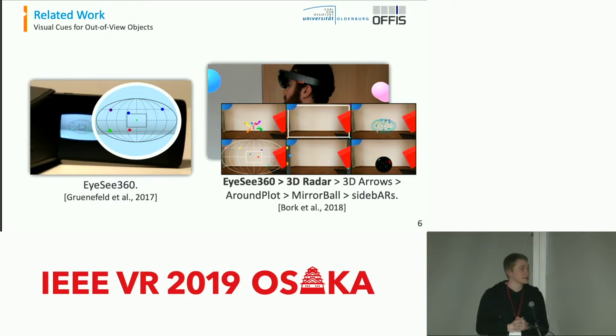IC360 is slightly better there because it's a Focus+context approach, which means information is presented along the borders of the screen and is in line with our current egocentric perspective. So we don't have to switch between our own egocentric perspective and the exocentric perspective of the visualization technique.